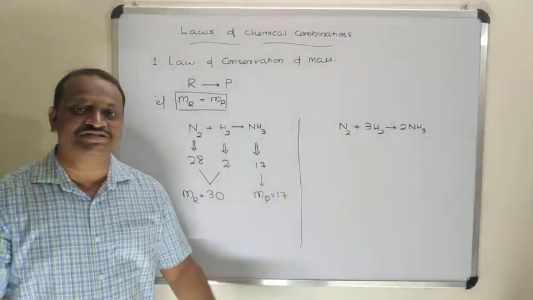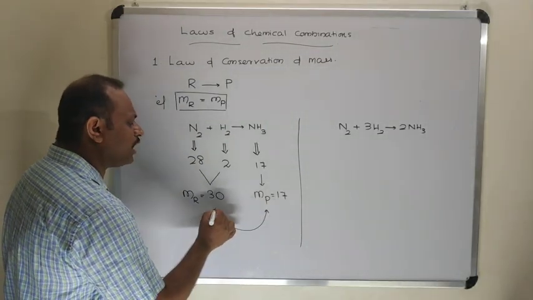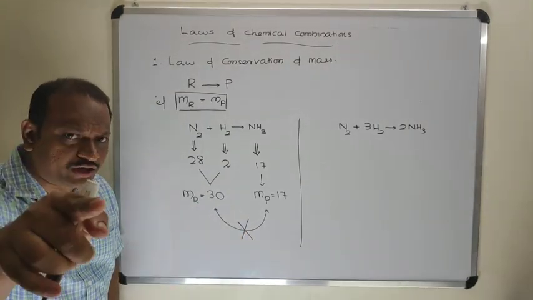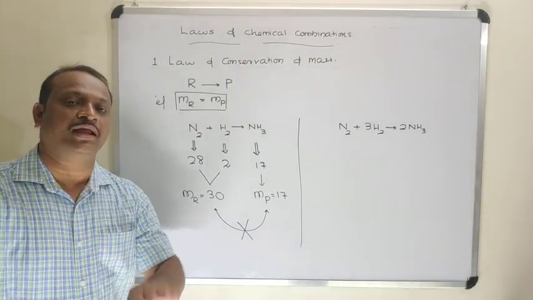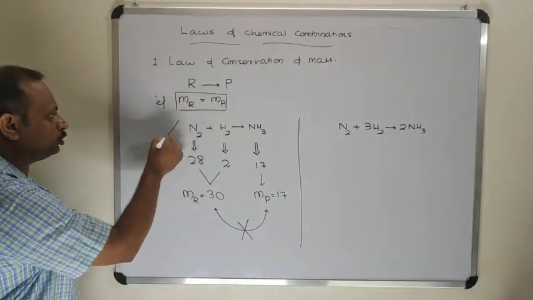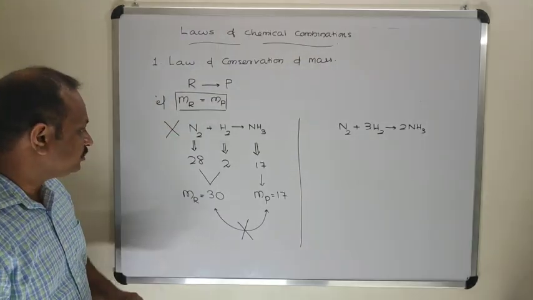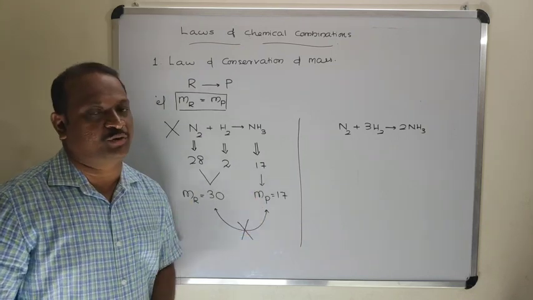Mass of the product equals 34. Obviously, you can see that these two are not equal. So, if these two are not equal, then this reaction is not obeying law of conservation of mass. See, this equation does not obey law of conservation of mass, since you know that mass of the reactant is not equal to mass of the product.